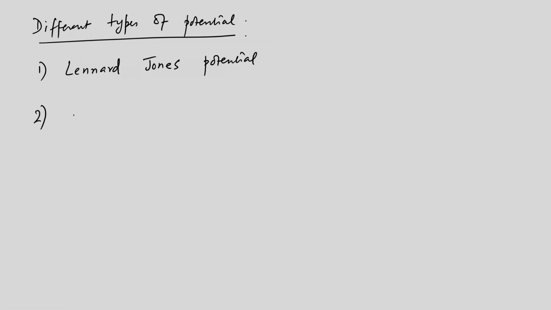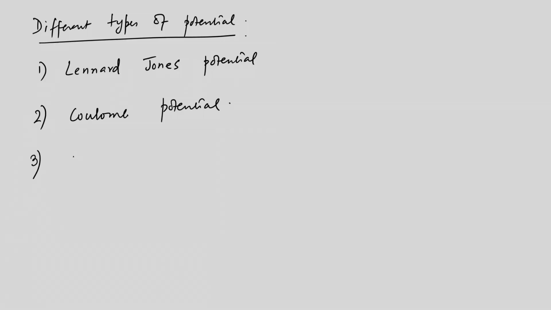And for charged particles, one can have a Coulomb potential. And the vibrational spectra of atoms can be described by what is called a Morse potential. Okay. We will see briefly what they are, but mostly we are going to talk about the Lennard-Jones potential.